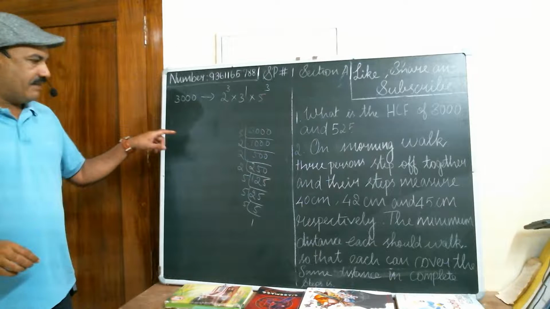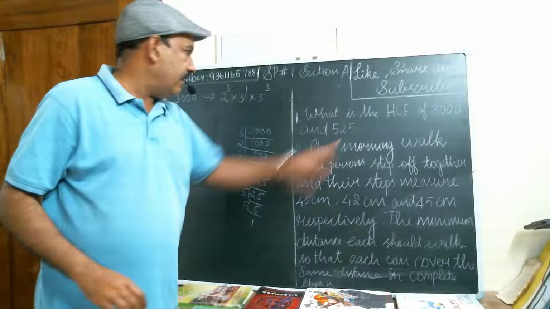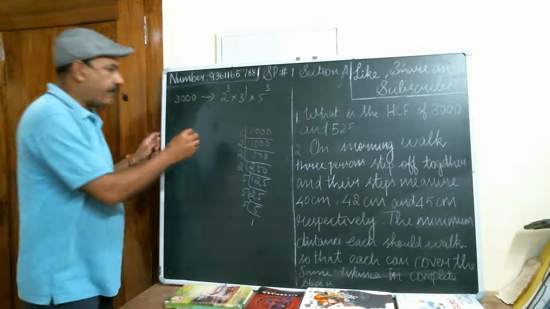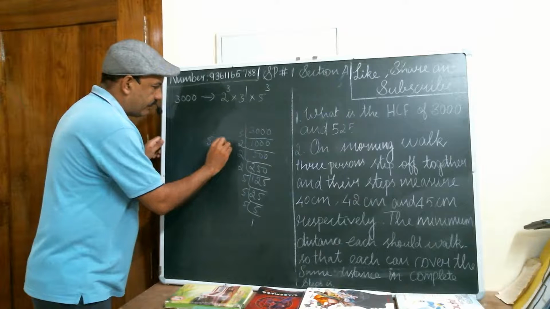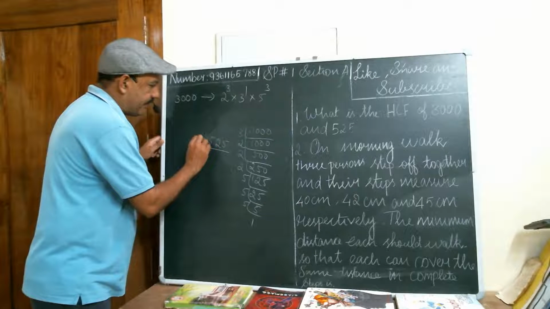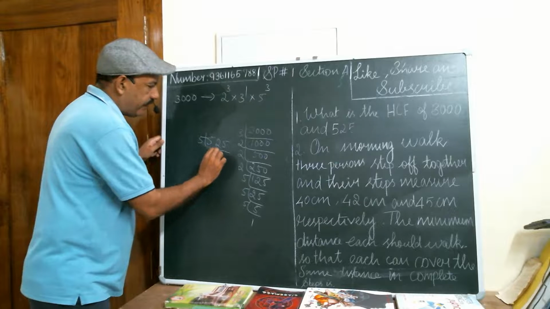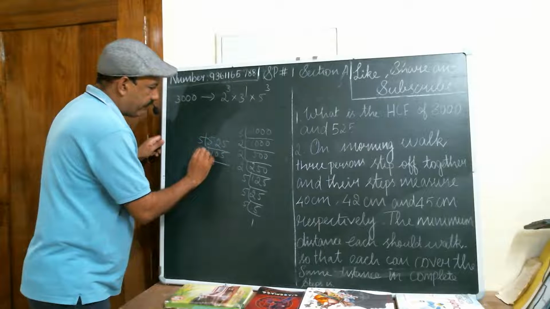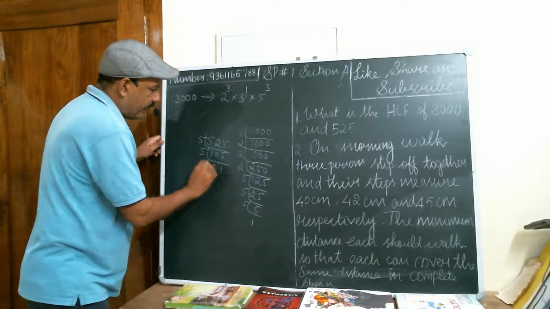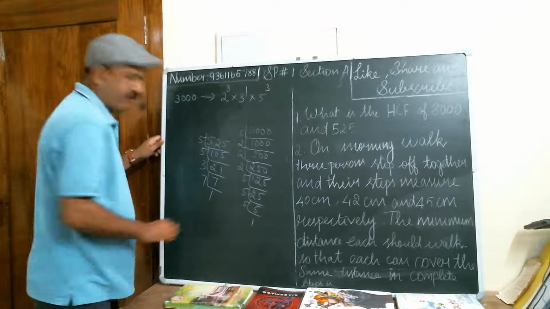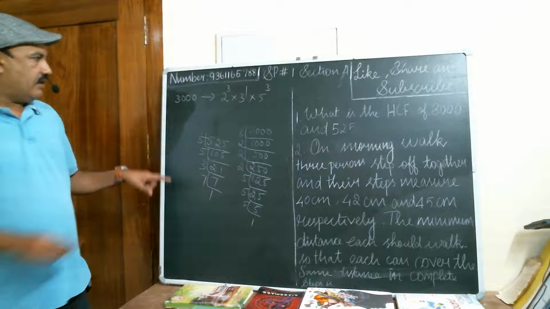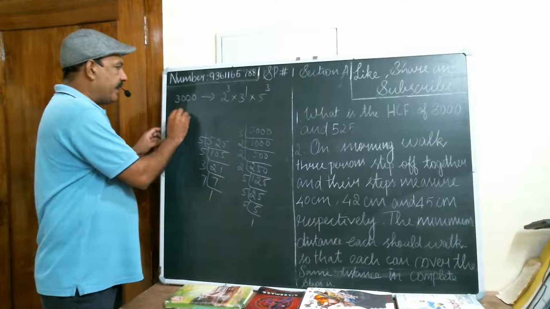Clear? Similarly, I'm going to find the prime factorization of 525. 5 is a prime number. It is 105. Again going with 5 table, it is 21. 3 table, 7. 7 table, 1. So how do we write 525?